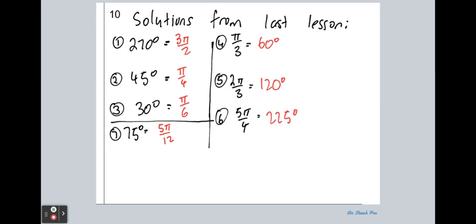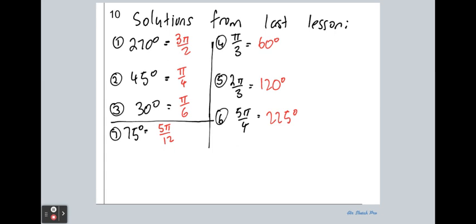Similarly for question 7, and I won't bother with question 6 because it's a similar idea. With question 7, 75 degrees, I'm doing this on the board, just saying this for the video, 75 degrees is actually just 2 of those common angles combined. What are the 2 angles combined there? 45 and 30, right?